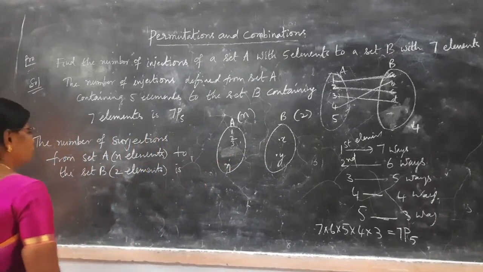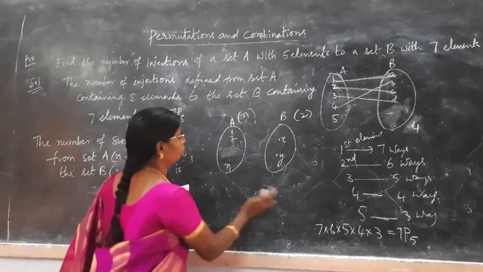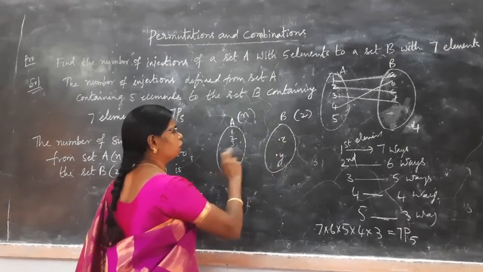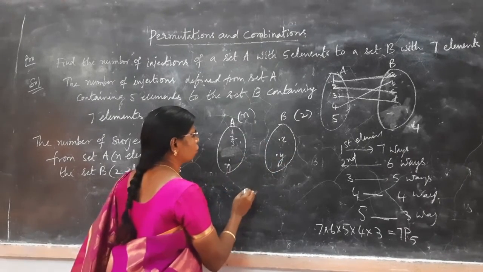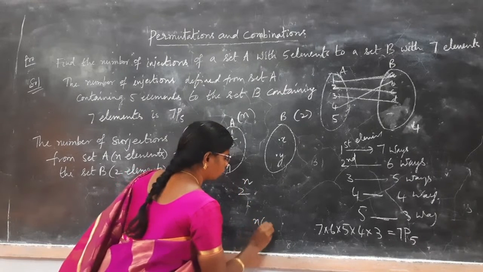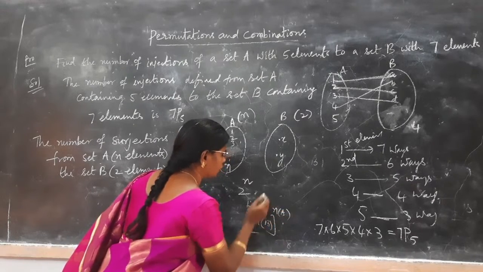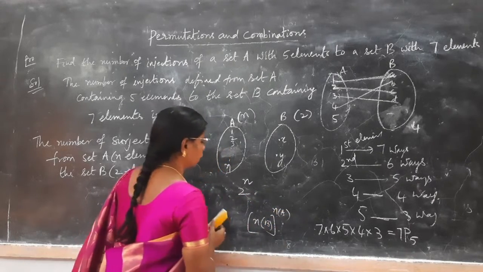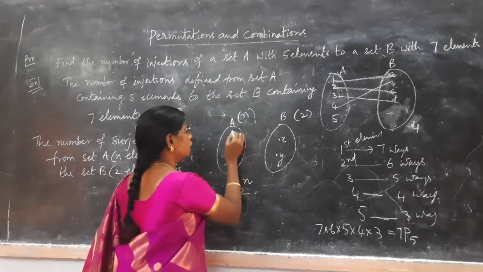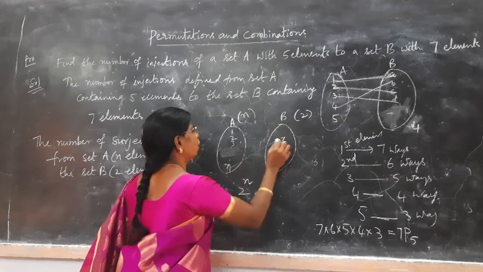So in this situation, what I am doing is, I count the total number of functions from A to B. What is the total number of functions? 2 power n. Remember the formula, n(B) whole power n(A). This is the total number of functions. From this total, suppose all the elements are mapped to x.